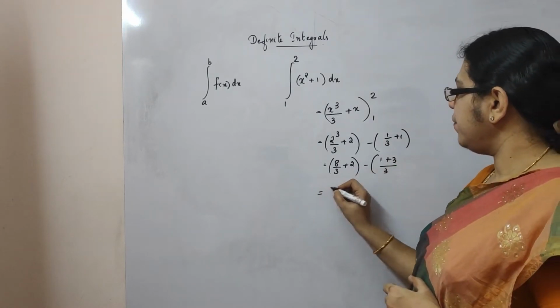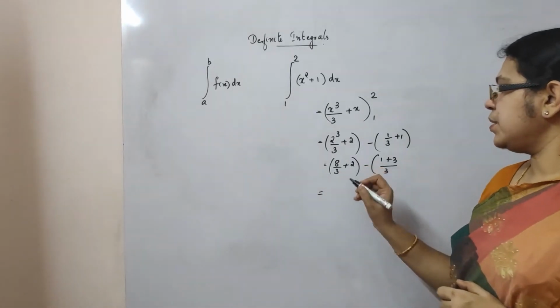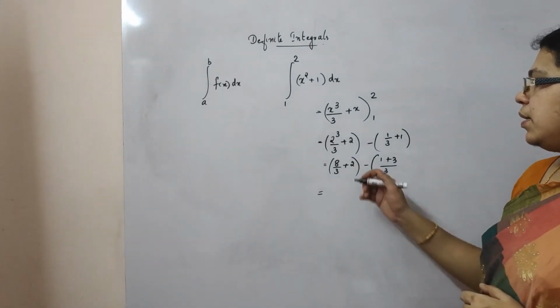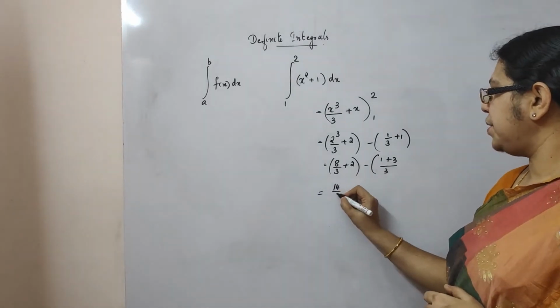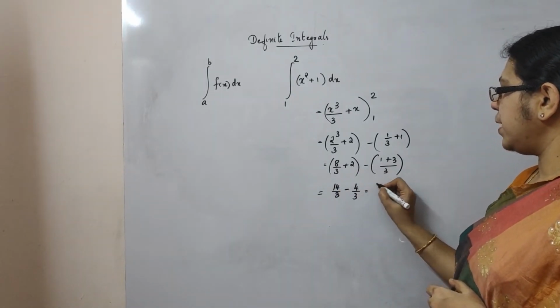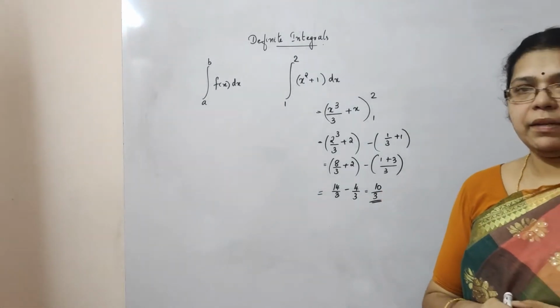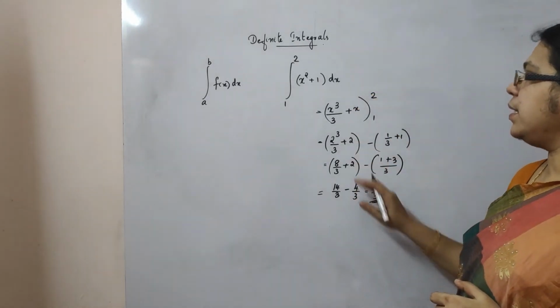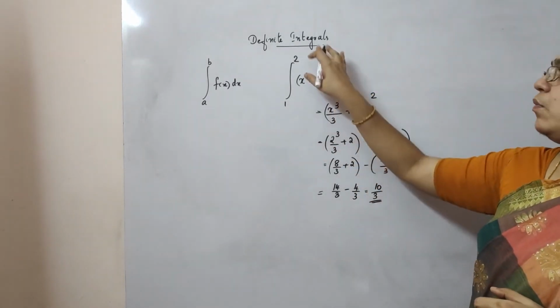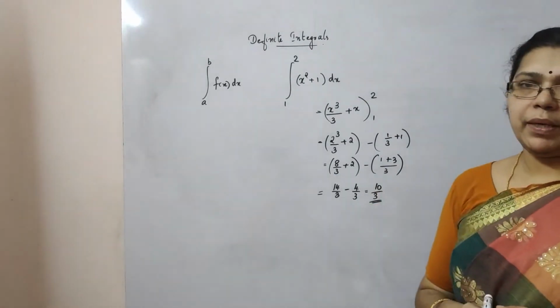Or here I can even write it as 8 plus 6, okay, 3 into 2 is 6. 6 plus 8 gives you 14. 14 by 3 minus 4 by 3. What is that? 10 by 3. So, this is the definite integral value. The value of this definite integral, integral 1 to 2 of x square plus 1 into dx, is given by 10 by 3.